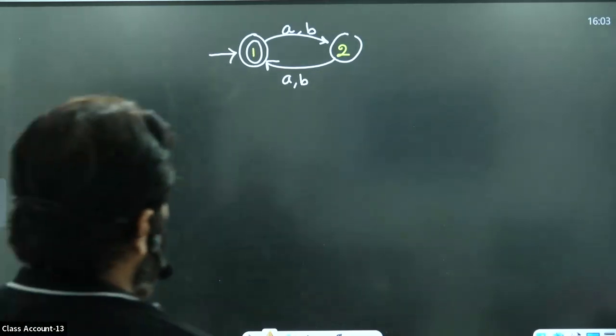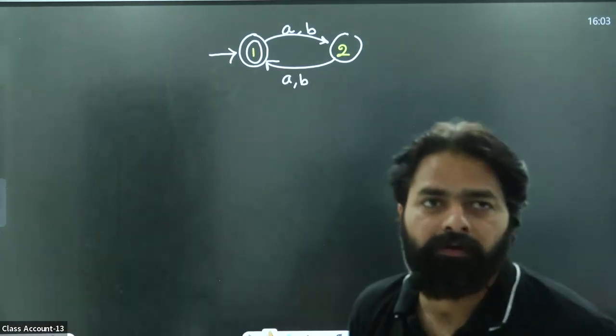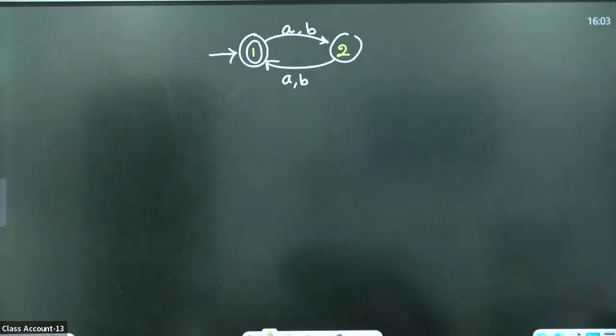Answer it carefully. If it is DFA, it is also NFA. Why do you say only DFA? If it is DFA, it is also NFA. So you should say both DFA and NFA, because this machine satisfies both the definitions, DFA as well as NFA.